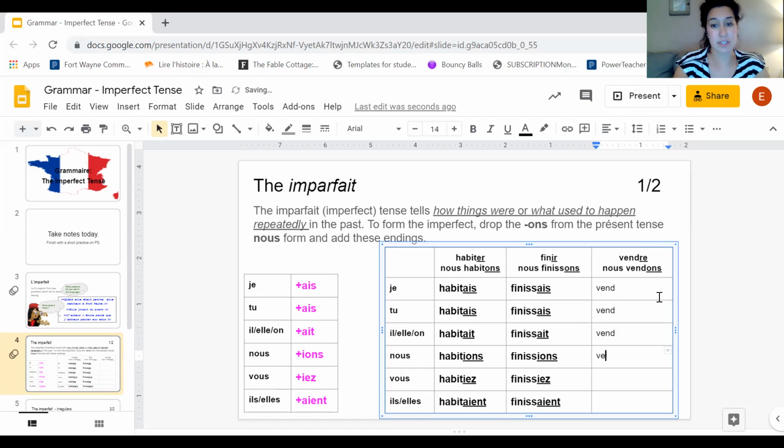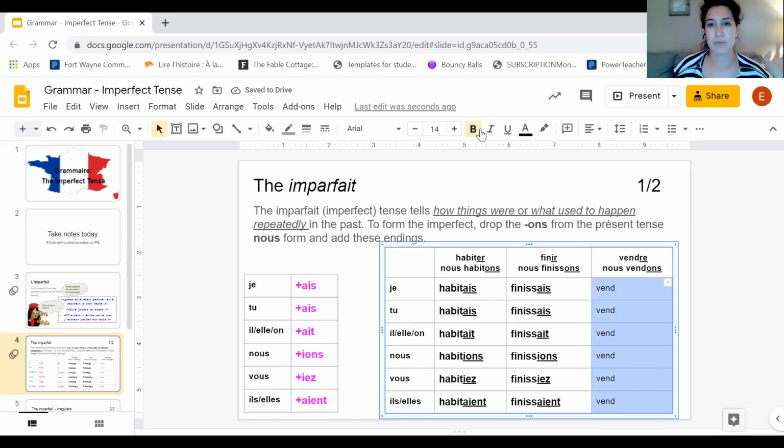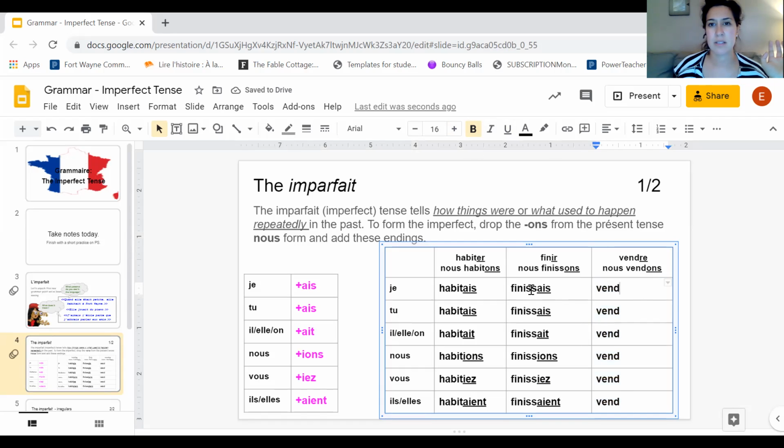Again, it's like just taking off the RE, but it's not necessarily always that straightforward. So there's our stem, vend. And we're going to add the ending. So vends, vends, vend, vendons, vendez, vendent.